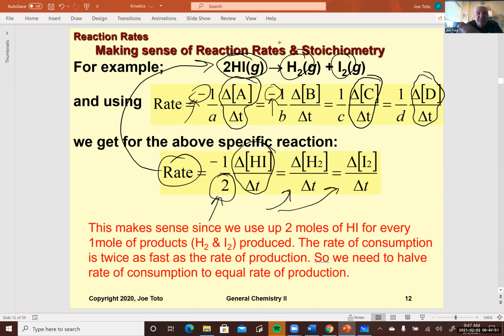So its rate of consumption is twice as fast. So if I'm going to relate that to the other guys, then I better scale it by that factor too.